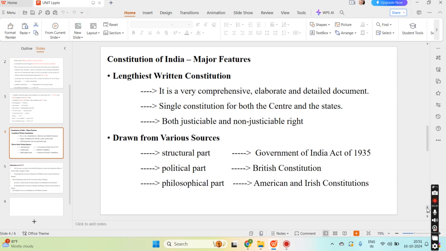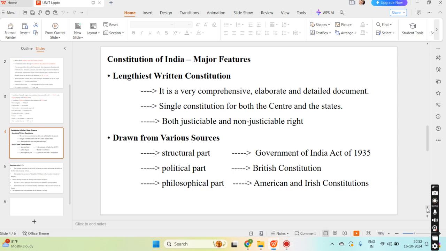And the second point is a single constitution for both the center and the states, because Tamil Nadu comes under state and the center is the central government. So both governments follow only one written document, the Constitution of India. And the next one is that it contains both justiciable and non-justiciable rights, because it contains both documents.